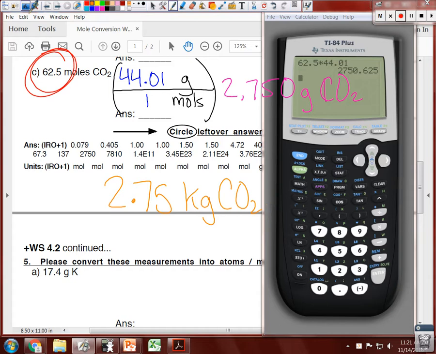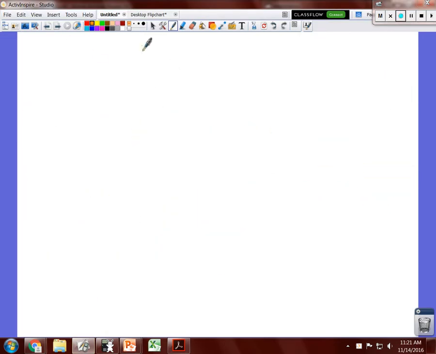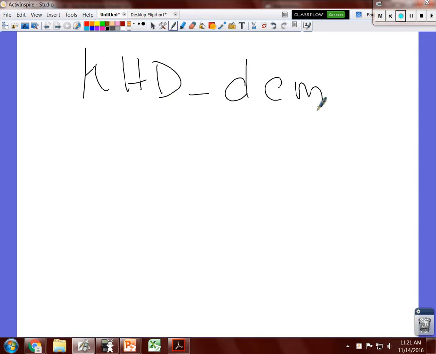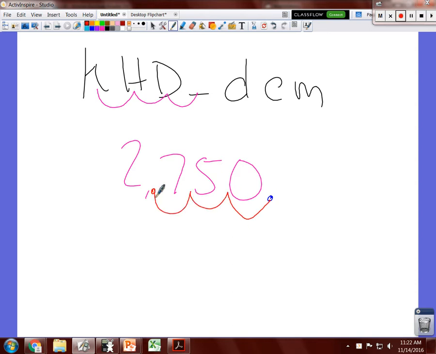Remember, we've got King Henry died at a bar drinking chocolate milk. So if I've got 2,750, where's that decimal place currently? Okay? And then how do I get to kilo? 1, 2, 3. So it's going to go 1, 2, 3, which is equal to 2.75 kilograms. So either way is appropriate. Okay? Either way is appropriate.